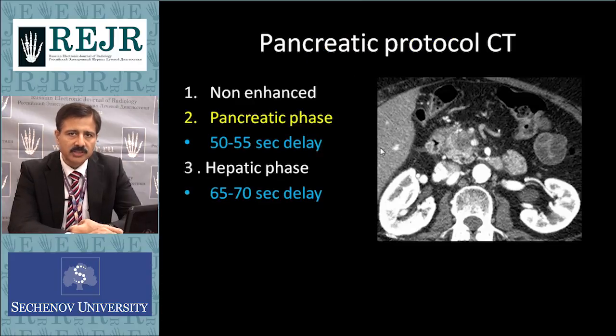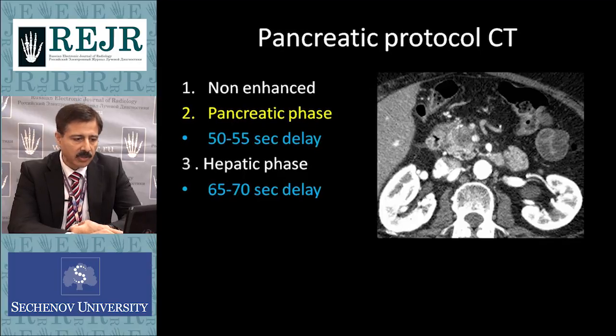In these types of cases, we can perform what we call pancreatic protocol CT, in which, other than non-enhanced, we perform a pancreatic phase and then a hepatic phase. Pancreatic phase is slightly different than arterial phase. In pancreatic phase, this is performed at 50 to 55 seconds delay. Here the enhancement of the pancreas is maximum, so the tumor appears hypodense and the sensitivity increases.